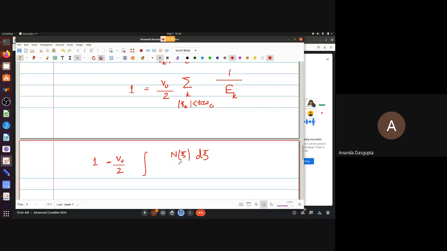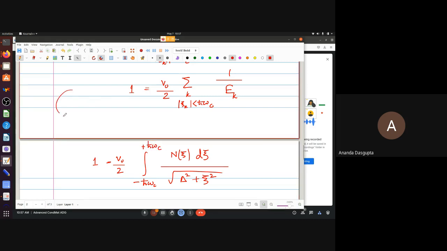You need the number of k values between xi and xi plus d xi as always, and then the denominator here is simply Ek, which is the square root of delta square plus xi square. And the limits are the values which xi takes over the region where this integration is done. This summation, remember, is done where xi's magnitude is less than h cross omega c. So xi actually goes from minus h cross omega c to plus h cross omega c.